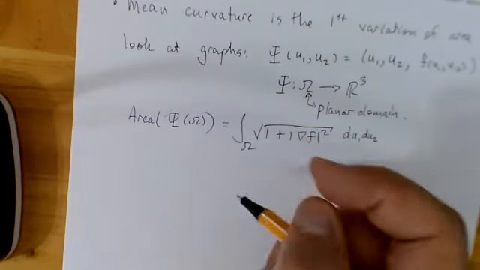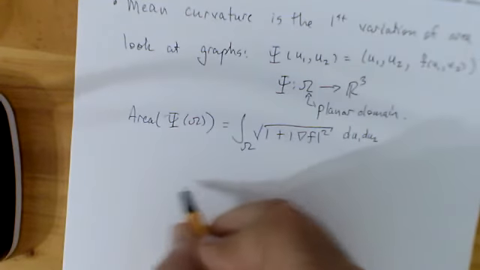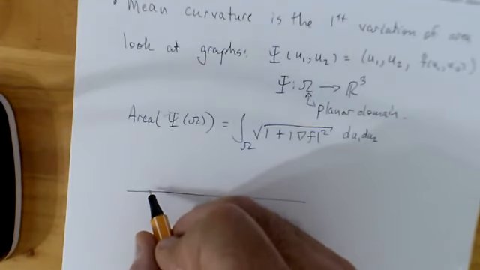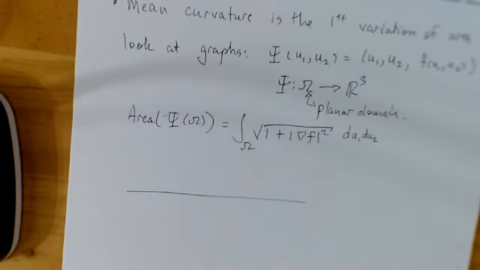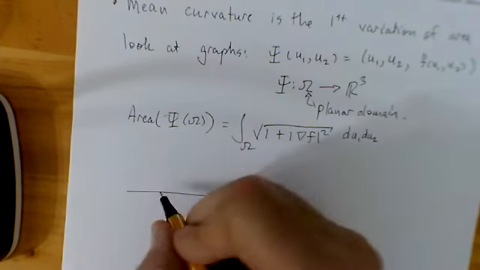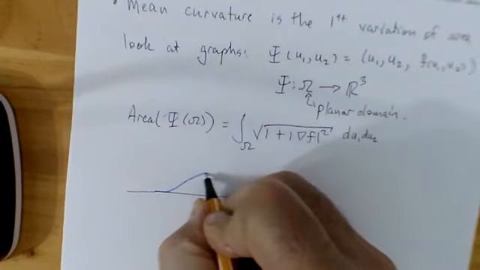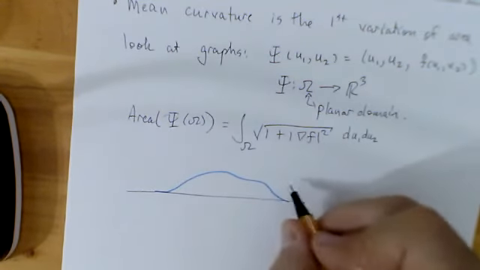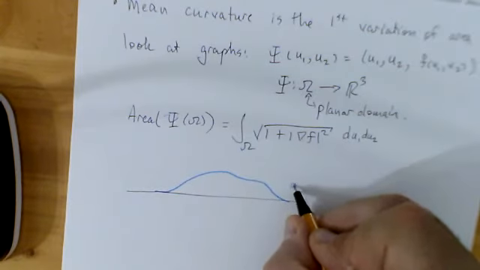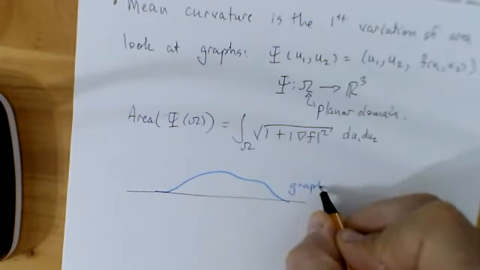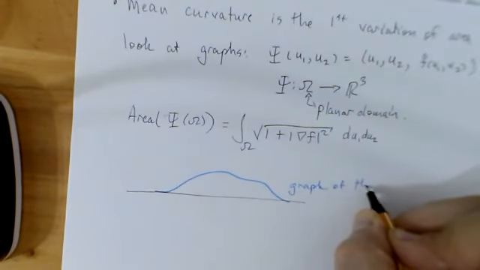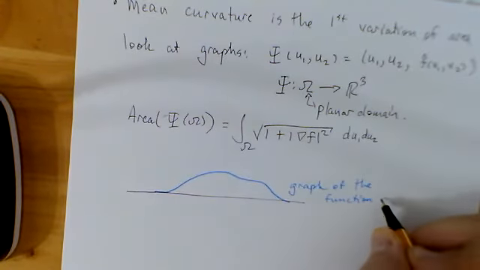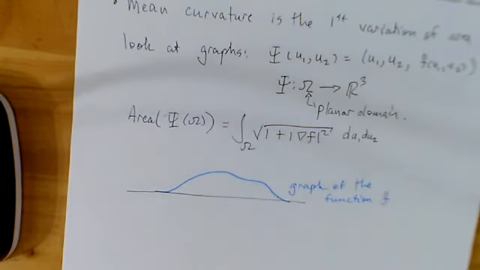So what happens if I vary? Let's draw, this is possibly a little bit misleading, but here is something like my graph of the function f.